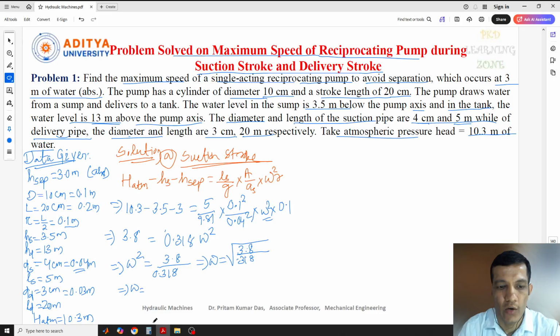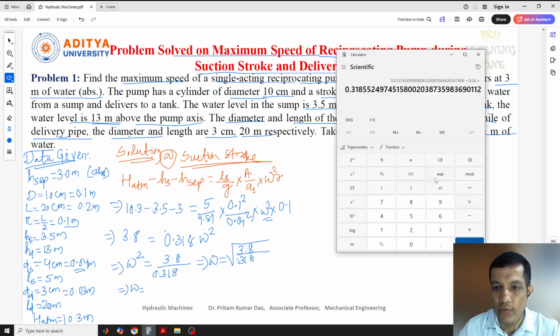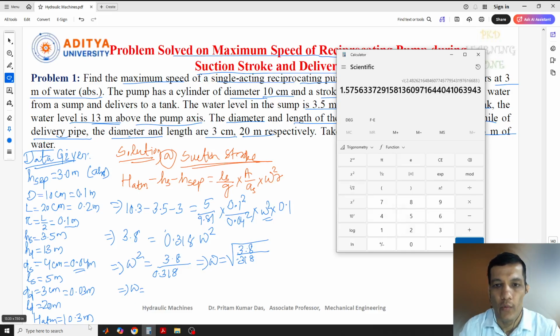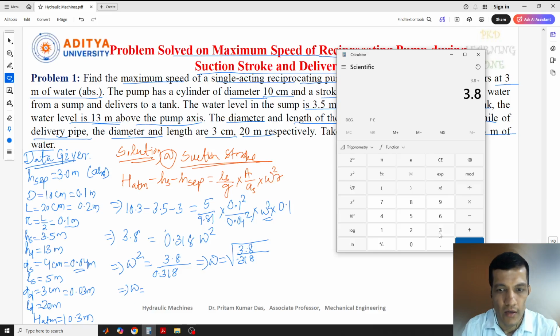Now here we can calculate the value of omega. So let's see how much we will get: 3.8 divided by 0.318, this much, root over of this, gives 3.456.